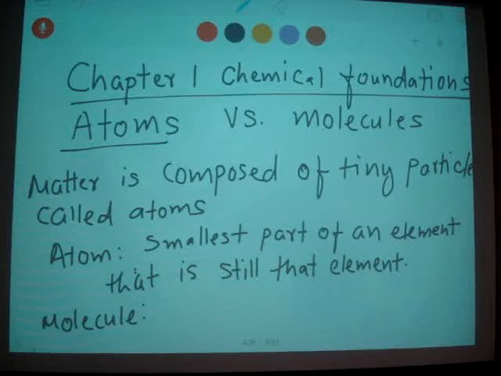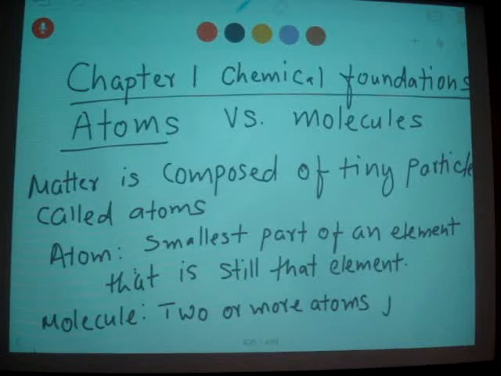Molecule: when two or more atoms join together and act as a unit. That's called a molecule.